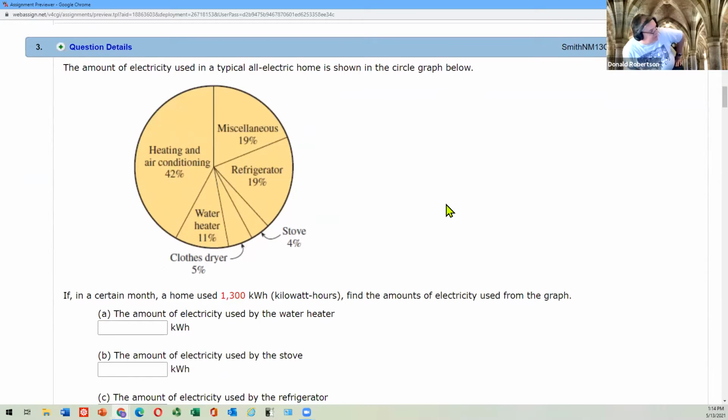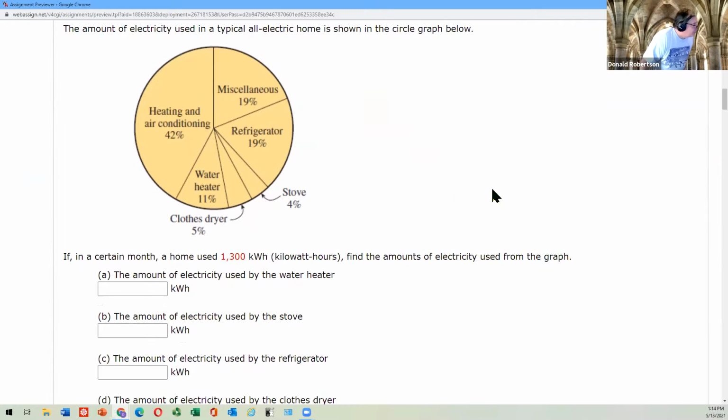Here's another one. The amount of electricity used in a typical all-electric home, so there's no gas, is shown in this graph below. I'm assuming this is good data, although I'm not quite sure how realistic this is.